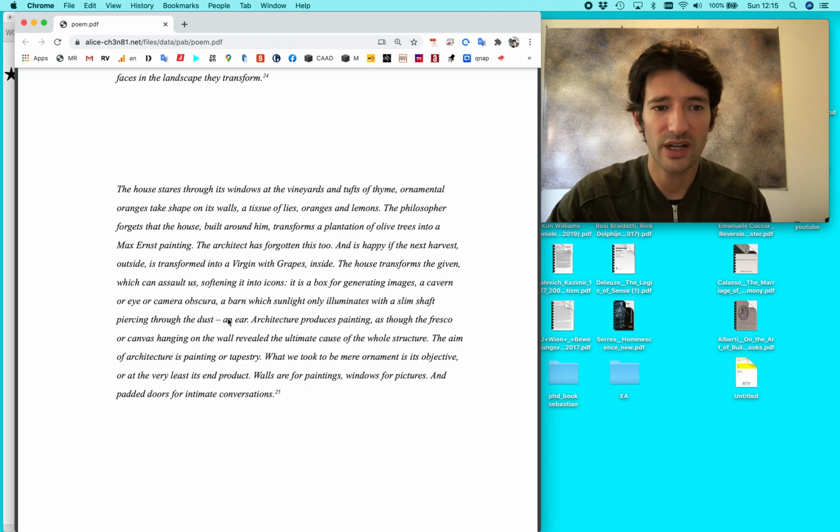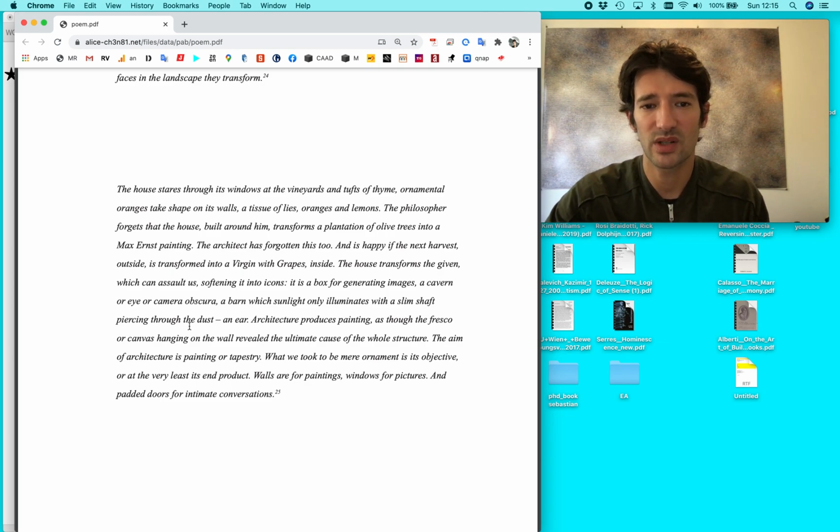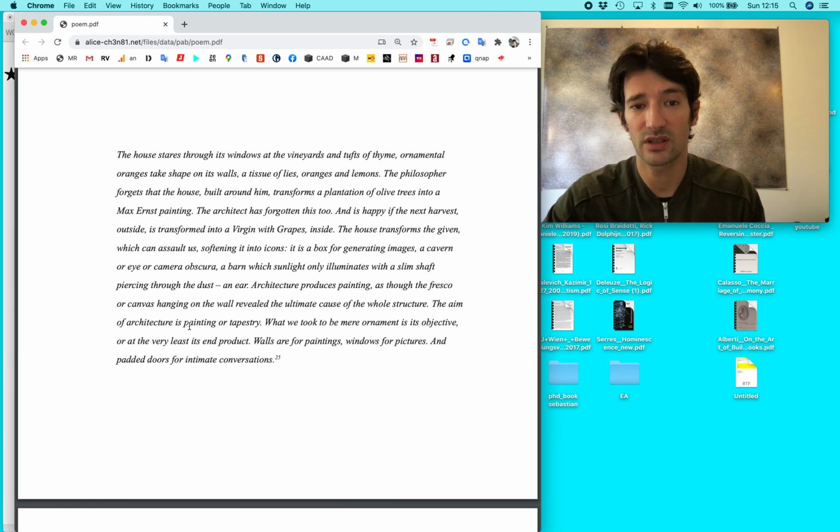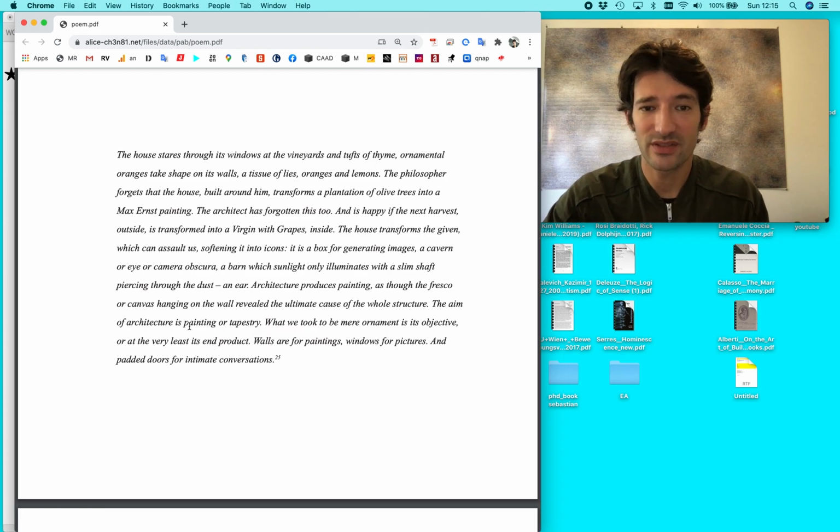The philosopher forgets that the house built around him transforms a plantation of olive trees into a Max Ernst painting. The architect has forgotten this too, and is happy if the next harvest outside is transformed into a virgin with grapes inside. The house transforms the given, which can assault us, softening it into icons.